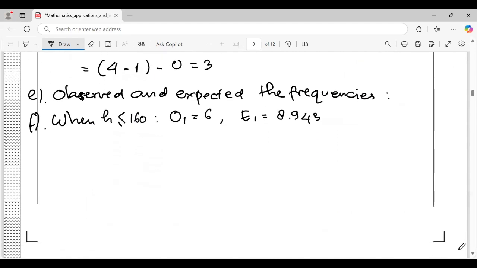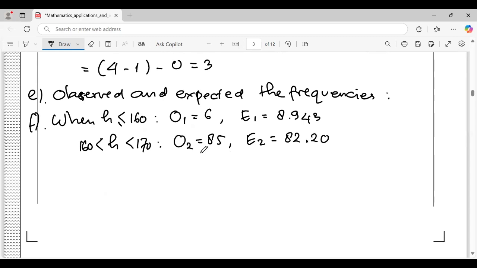Okay, next. When H is greater than 160, less than 170, O second is 85, and E second is 82.20.